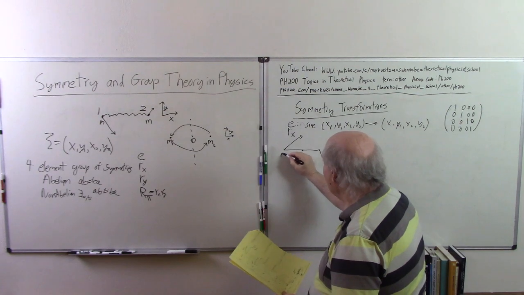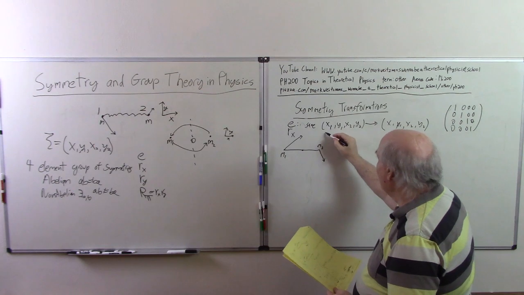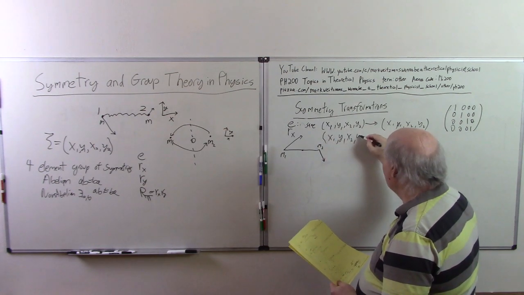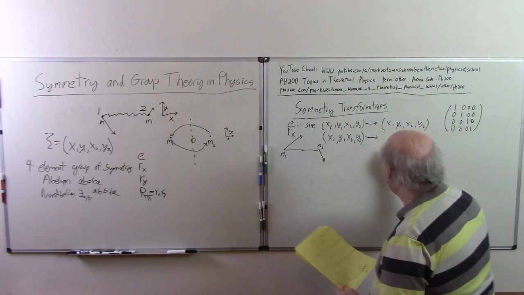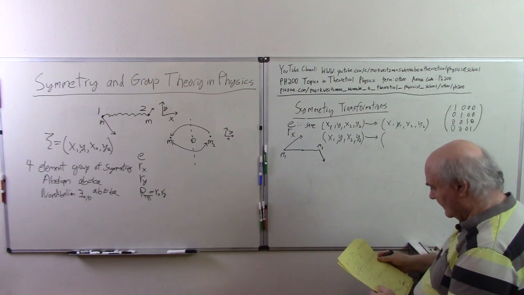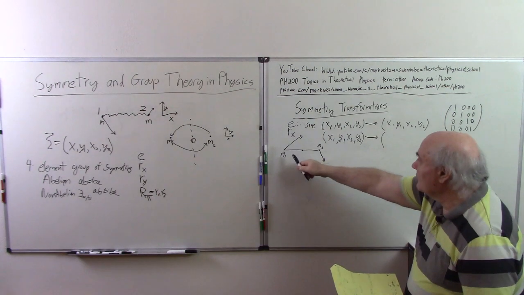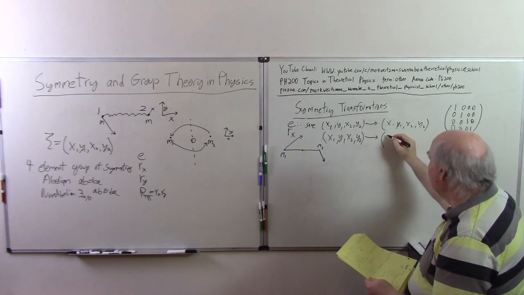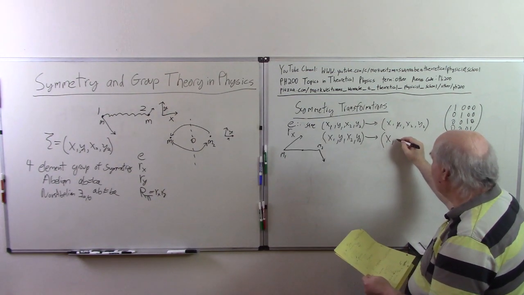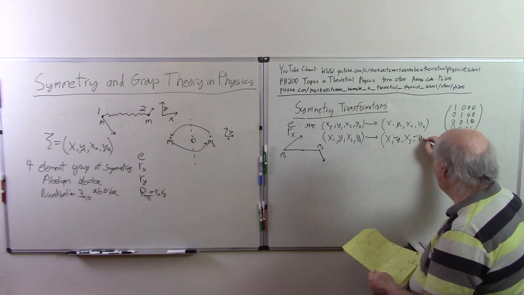So x1, y1, x2, y2 goes to, the particles stay on the same side they were on, and the x coordinates don't change, but the y is reversed. So we get x1, minus y1, x2, minus y2.